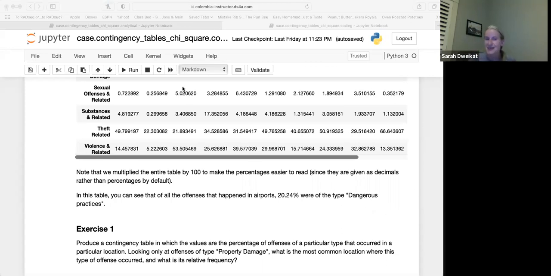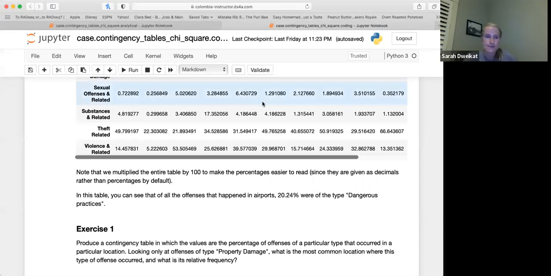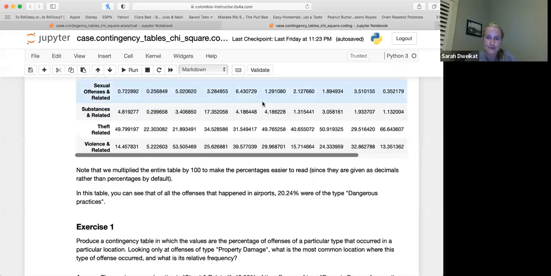Another hint is the code will be very similar to what we just did for the example. I'll give you just a minute more.